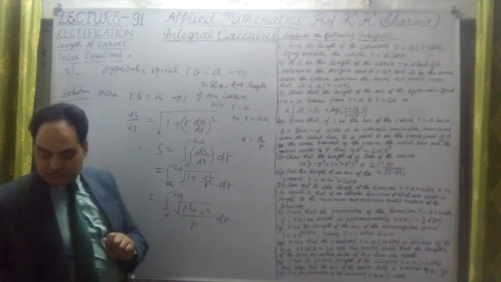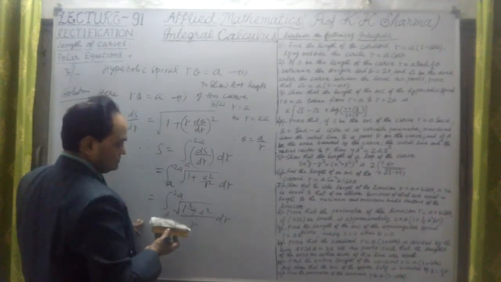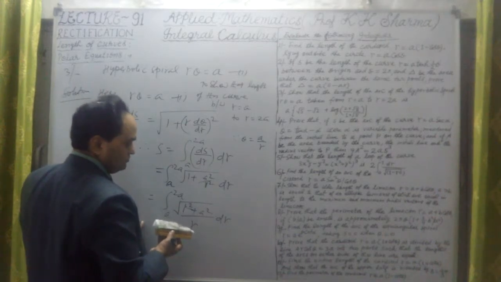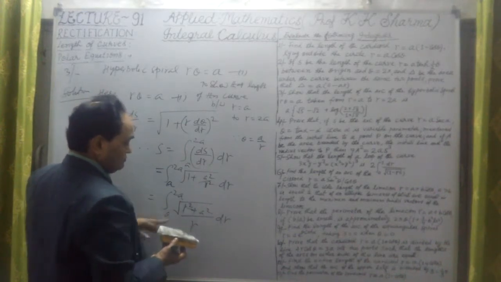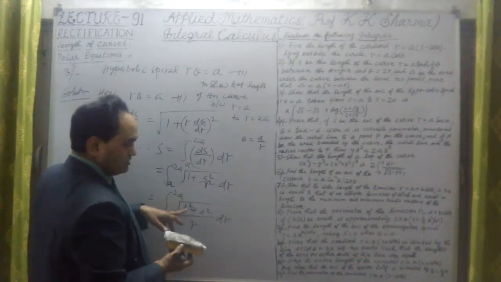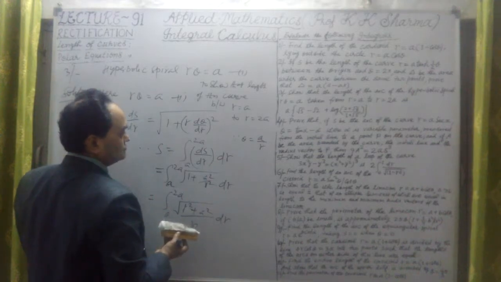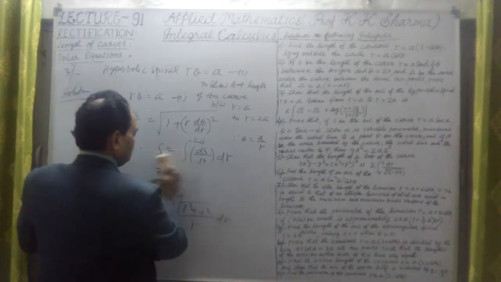Now let me solve it further. So r under root r square plus a square, because this is r square plus a square. If I put r equal to a tan theta, then the square root can be taken out.